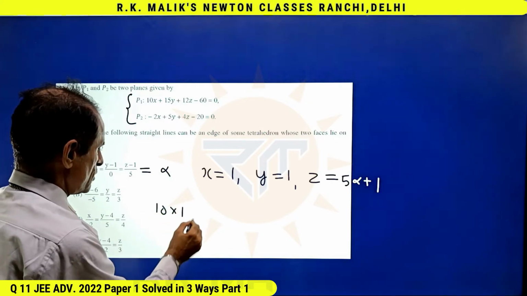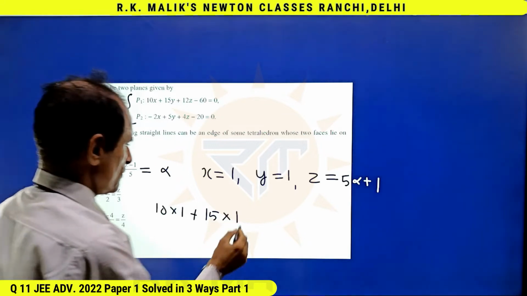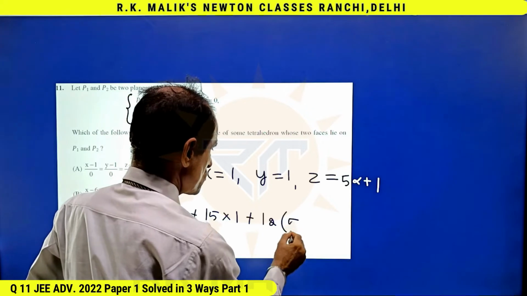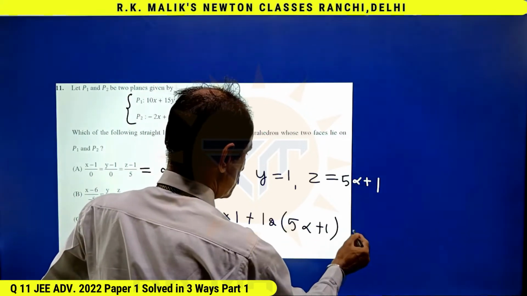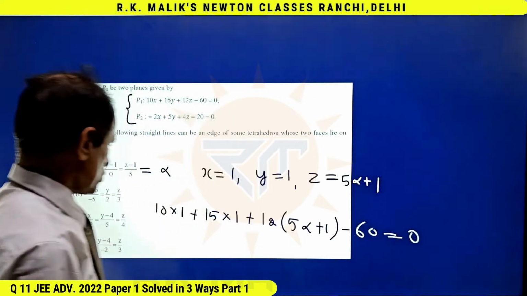That is, I get 10 into 1 plus 15 into 1 plus 12 into (5 alpha plus 1) minus 60 equal to 0.